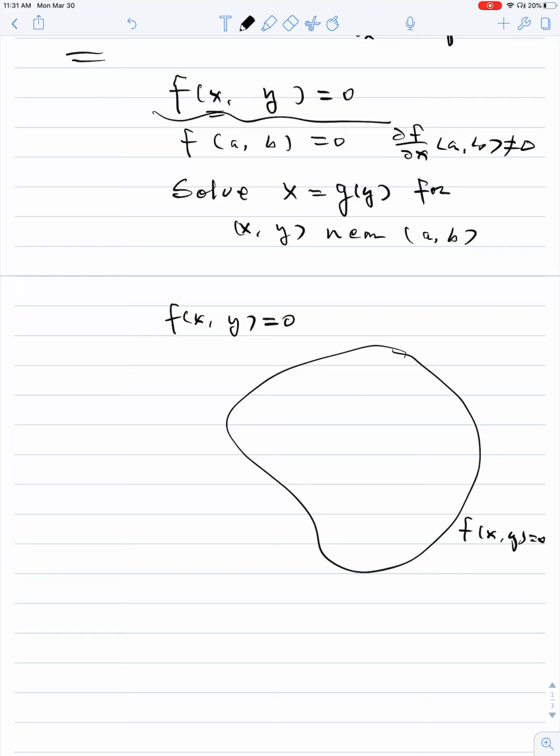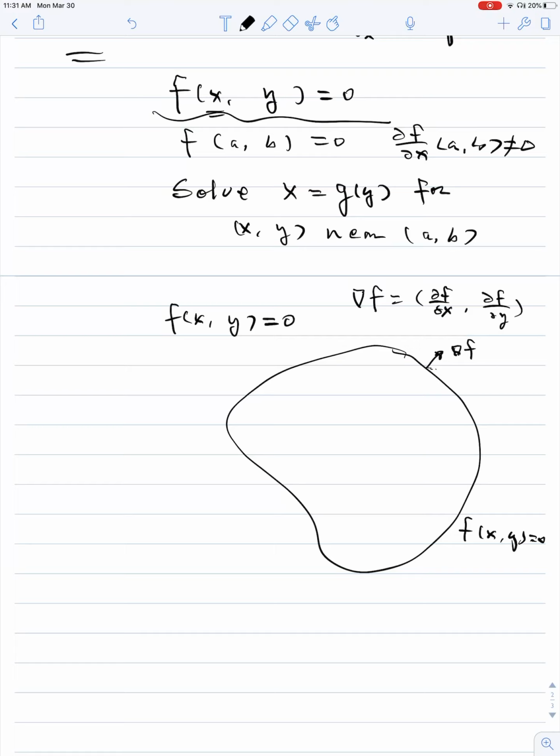The gradient of this function is the normal direction. The gradient is (df/dx, df/dy).